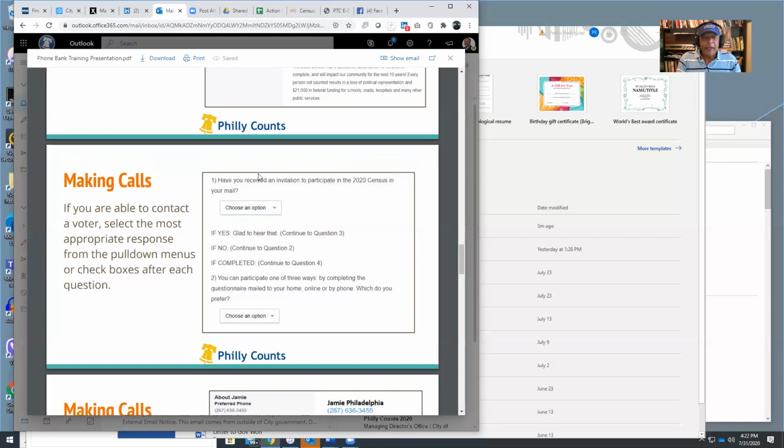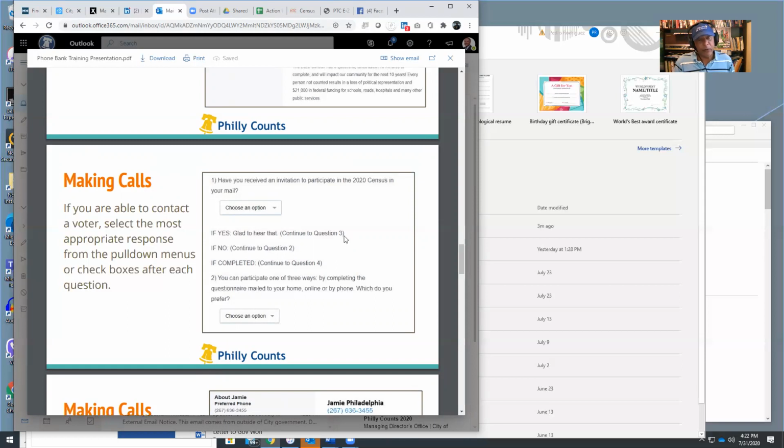If Jamie says, no, I never received anything like that, then you want to do a number of things. First I say, Jamie, can your phone receive text messages? She says yes. I say, is it okay if I text you the website to do it online, or the phone number to do it by phone?